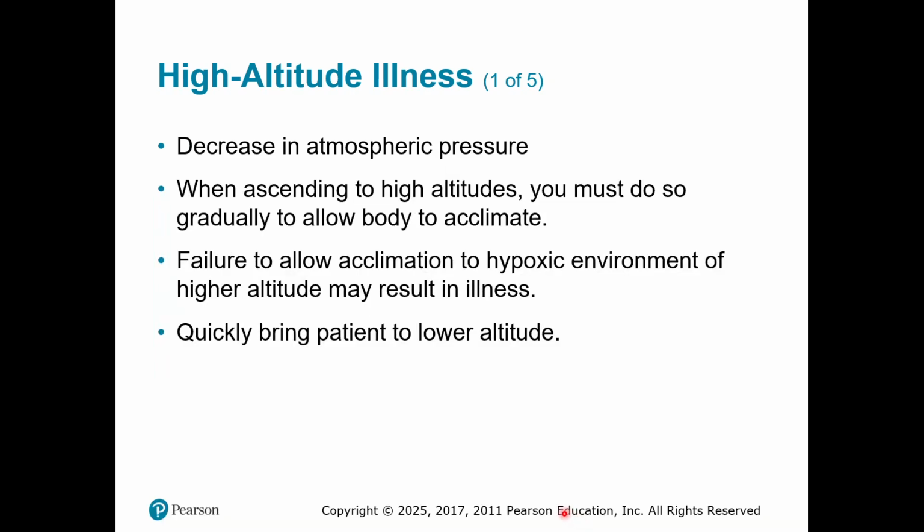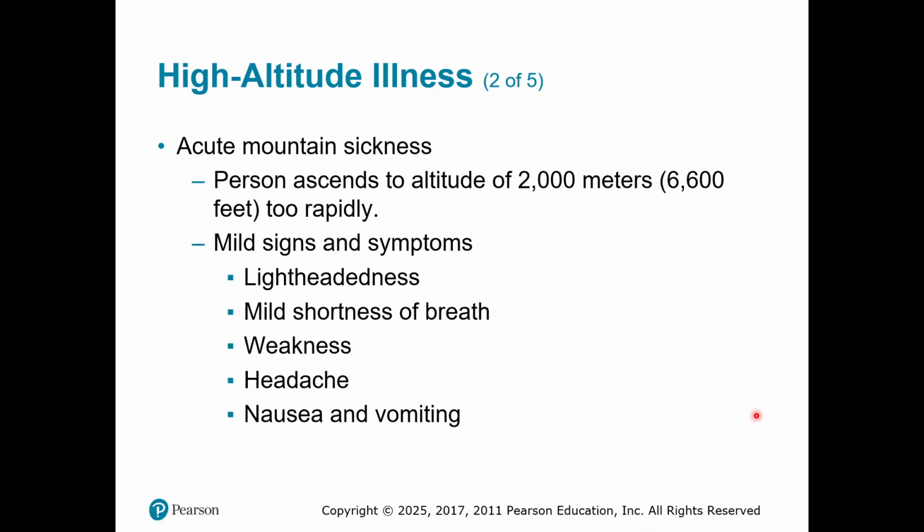High altitude sickness. This is a decrease in atmospheric pressure. When ascending to high altitudes, you must do so gradually to allow the body to acclimate. Failure to allow acclimation can lead to hypoxic environments of higher altitude that may result in illness. Quickly bring the patient to a lower altitude.